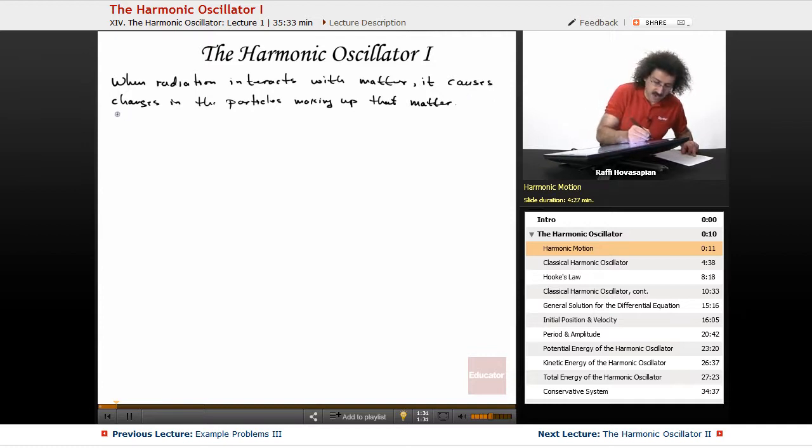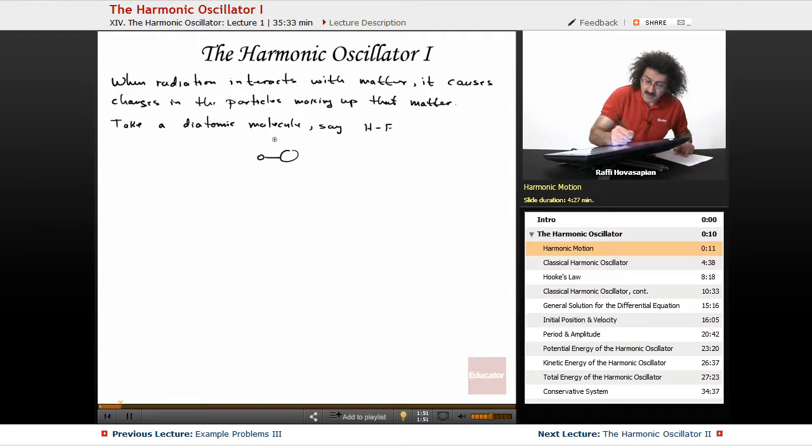So let's take a diatomic molecule, say hydrogen fluoride. We have the H plus over here and the F minus over here, and this molecule vibrates back and forth.